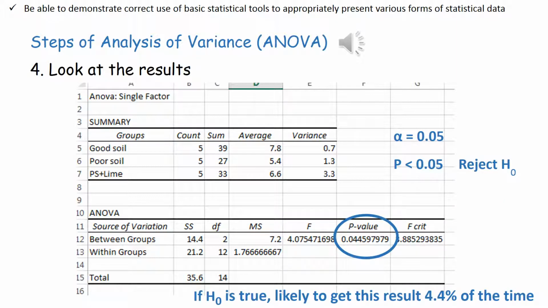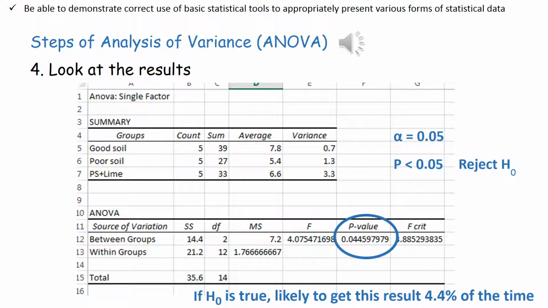We now know that the F value is greater than the F critical value. The P value tells us how likely we are to get this result if the null hypothesis is actually true. That is, the F value tells us that the means are not all the same. The P value tells us the probability of this result from any chosen sample if the three means are the same, just like with the grape example.